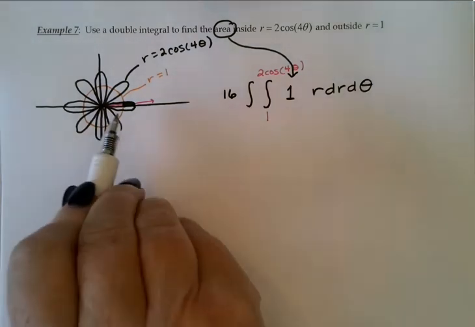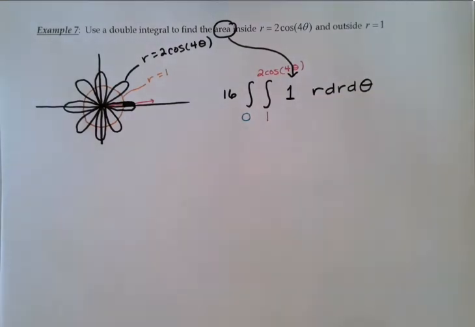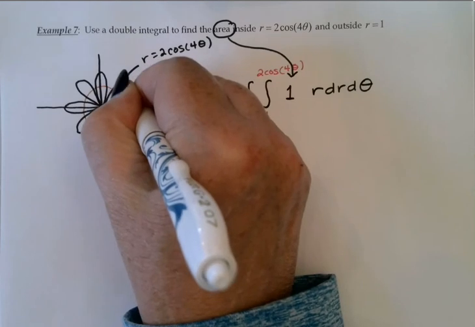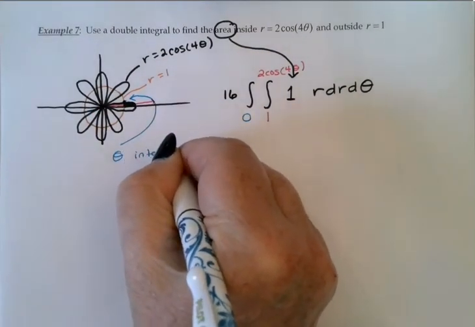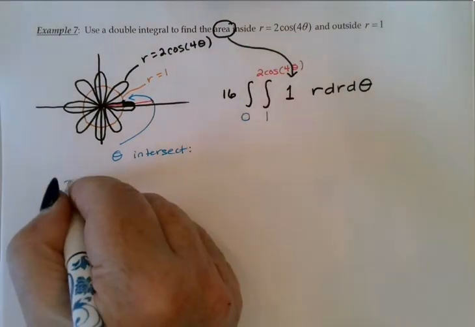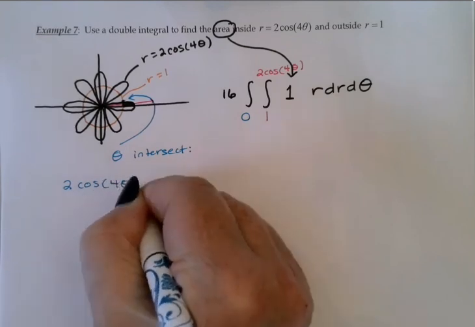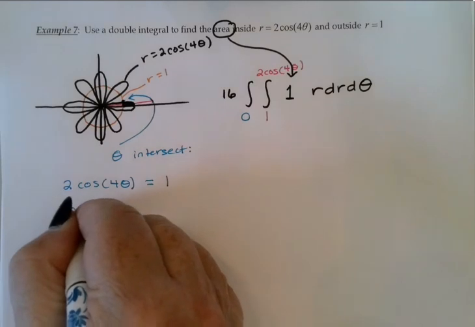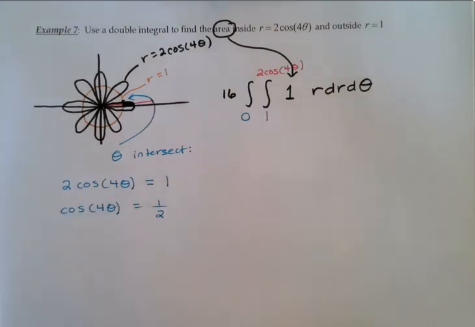To get the theta values, I'm starting right on the x-axis, so that would be theta equals 0. And then to figure out this theta value where they intersect, I will set my r's equal to one another. That means that cos 4 theta is equal to 1/2.